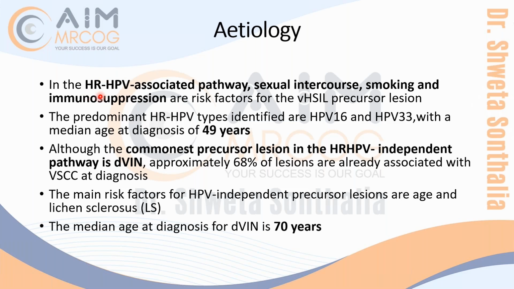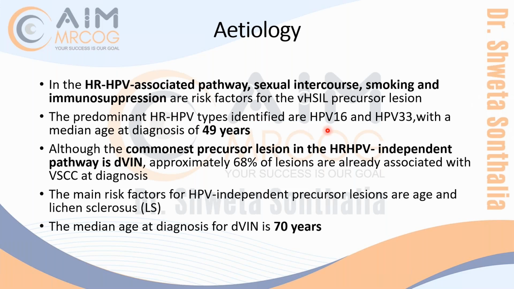So in the HR-HPV associated pathway, sexual intercourse, smoking and immunosuppression are the risk factors for HPV associated VIN. Smoking and immunosuppression increase the risk of acquiring the HPV infection and then further leading to VIN, and 10% will convert to cancer over 10 years.